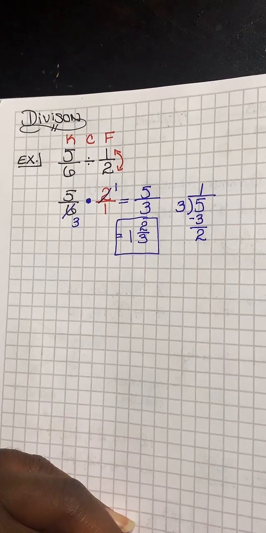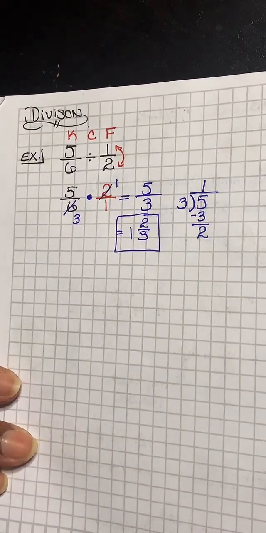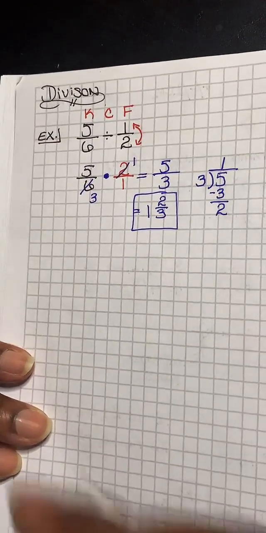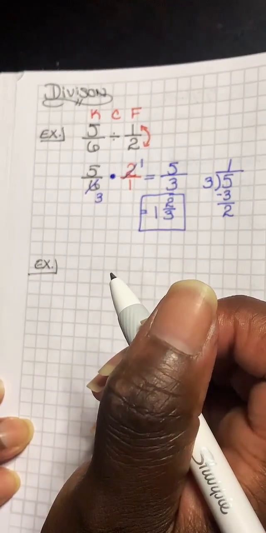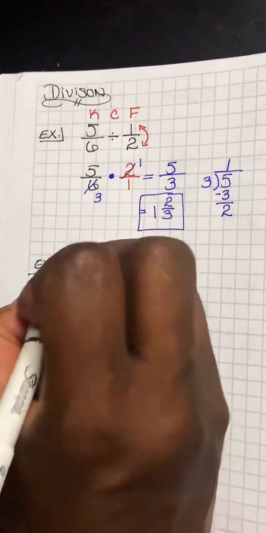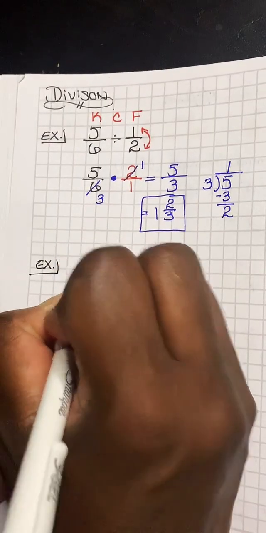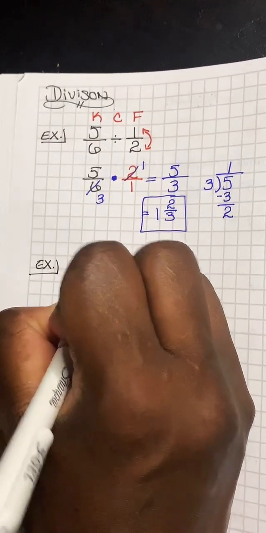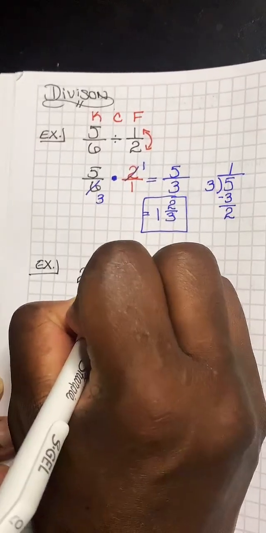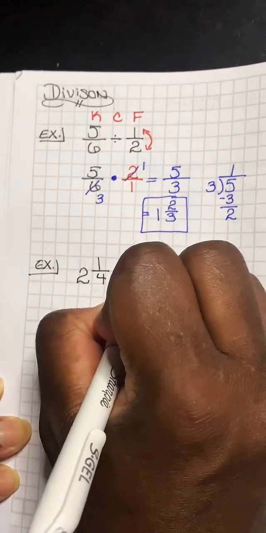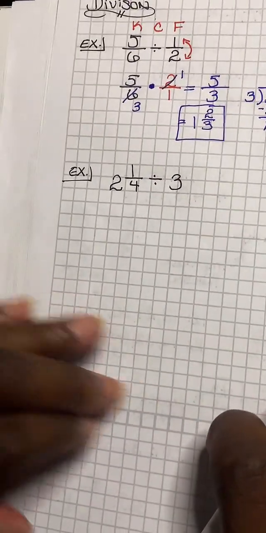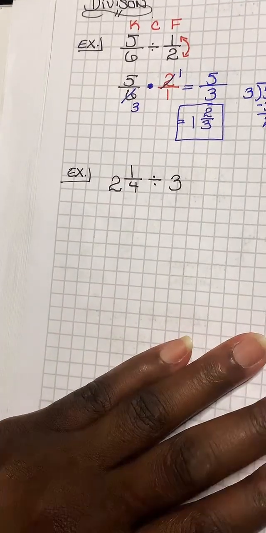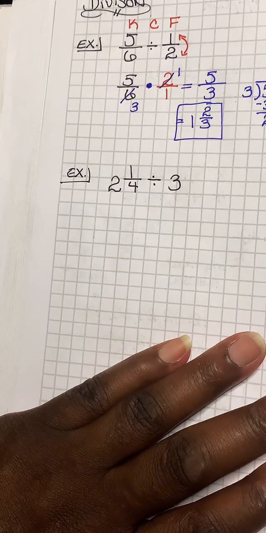Awesome. Let me give you another one. Let's try this one. I think we can handle this by now. 2 1/4 divided by 3.